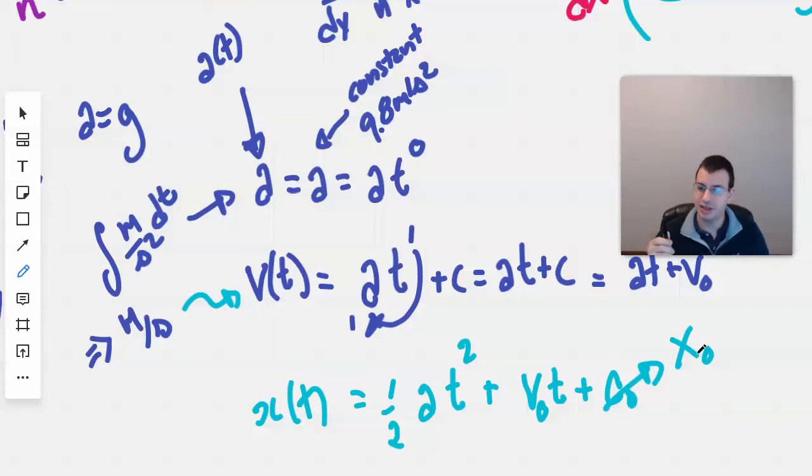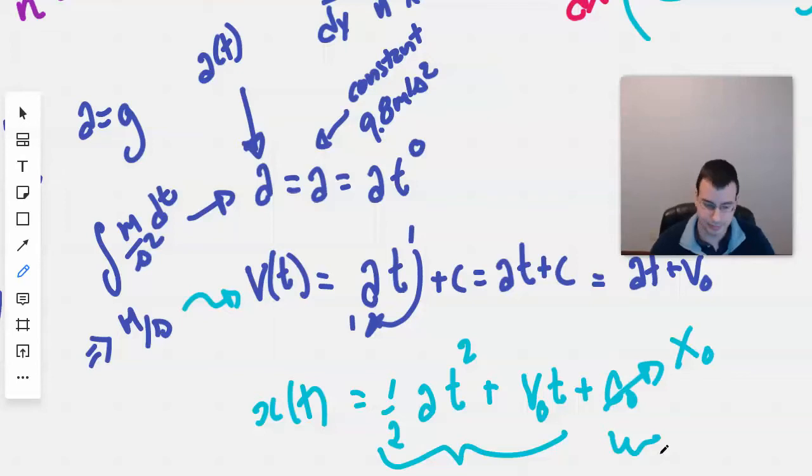Your position in t seconds depends not only on how far you've traveled, which is this part right here, but also where you started off at, which is the x naught.